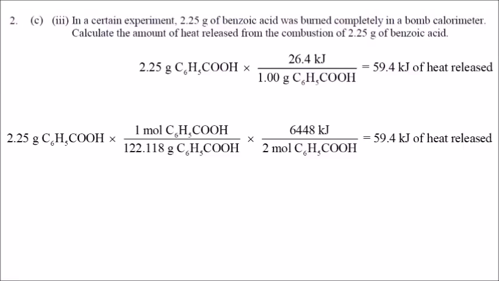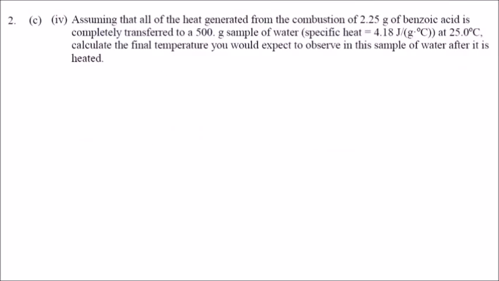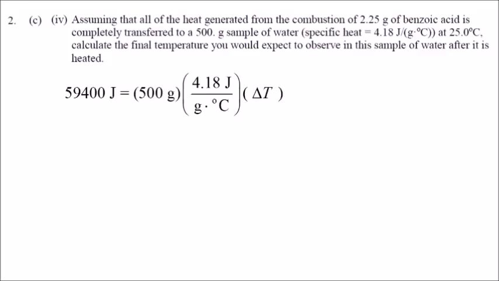Now, what can we do with this heat? We can see how much water is going to be affected by that. So this water is now being heated by the 59.4 kilojoules, or 59,400 joules.